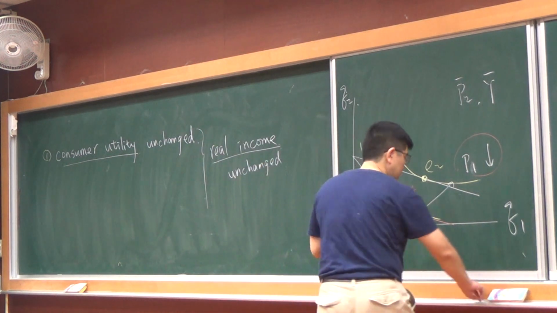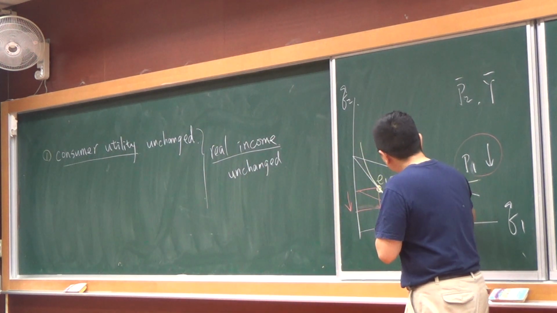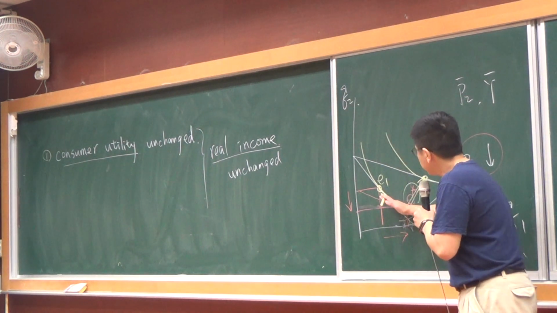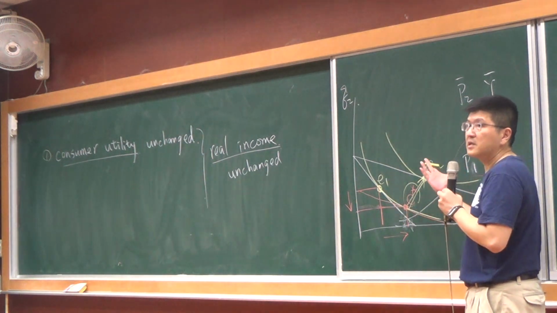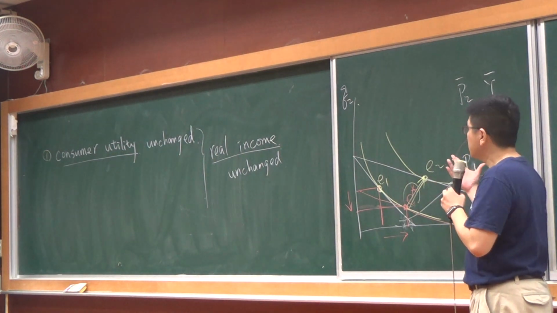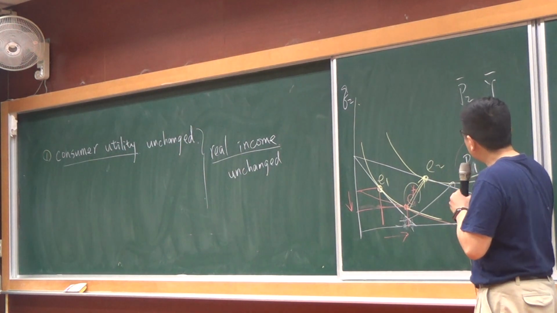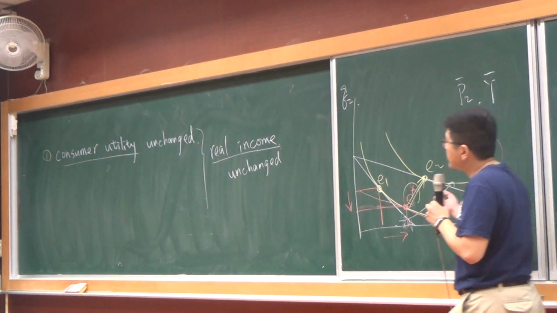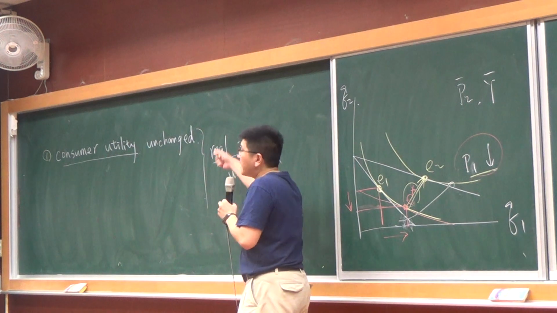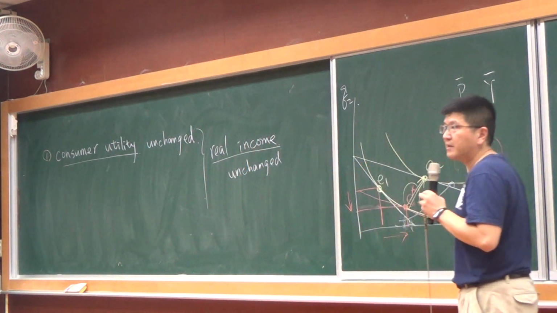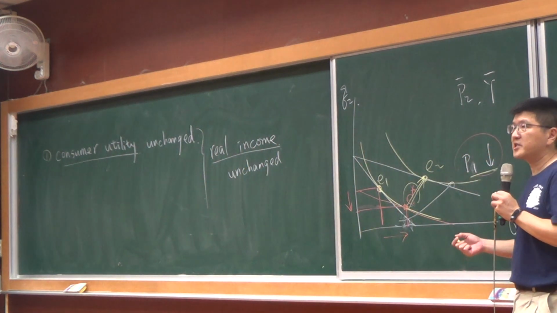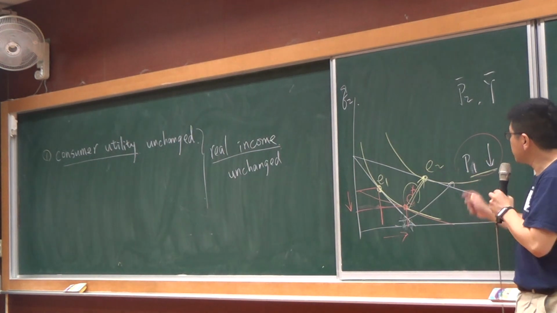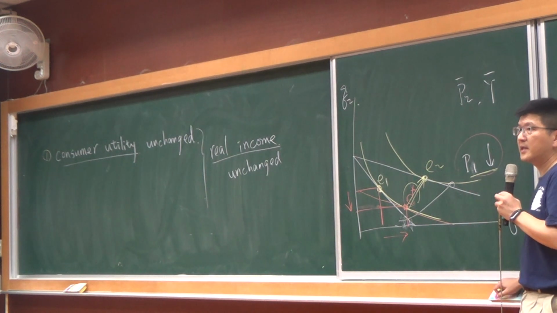And later on, from E star to E2 is a parallel shift outward, which reflects the effect of the drop in P1, making us have a higher real income because our real purchasing power is increased, due to the change in P1.